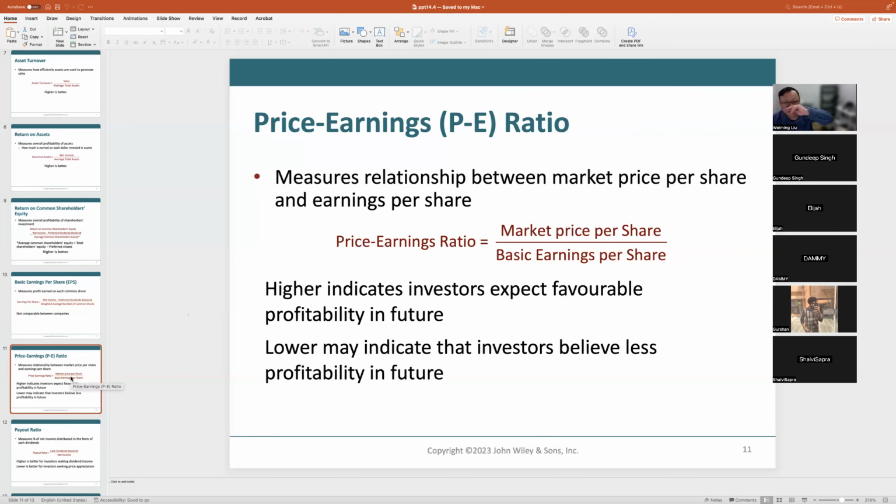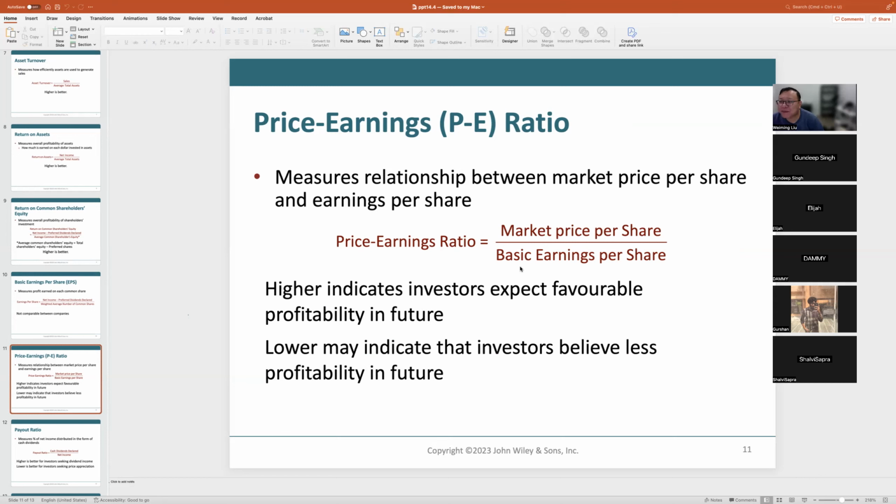Price earnings ratio, we also call this the PE ratio. PE ratio is the price, which is the market price, over earnings, which is the basic earnings per share. So I use market price per share divided by basic earnings per share. For example, if the share is traded at $10, my market price per share is $10.